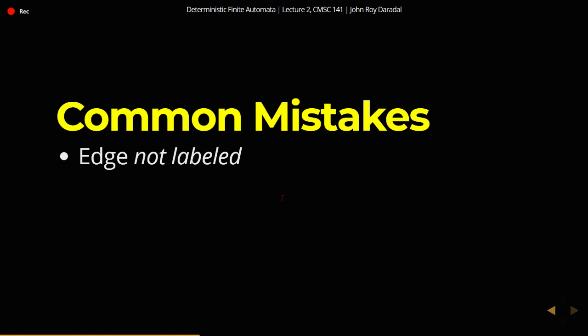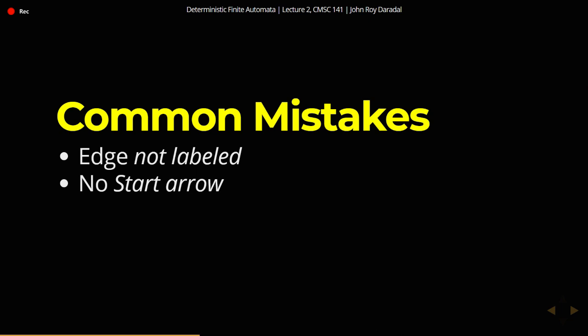Now, some of the common mistakes in creating your transition diagram is, first, you don't label the edge. So you must label the edge for us to know on what input that transition happens. And you might also forget to write the start arrow.